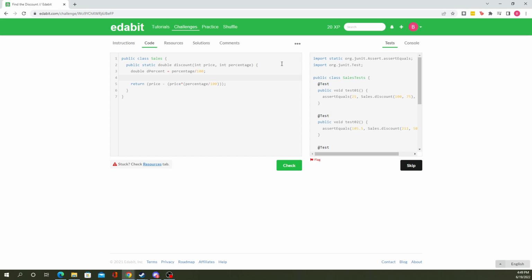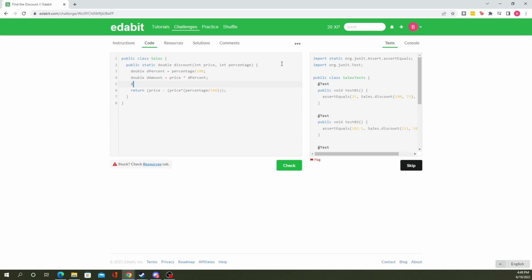Now we can break it down a little further. Make it double D amount, that's our discount amount, which is going to be price times D percent, which would be 0.75 times 100, which gives us 75.